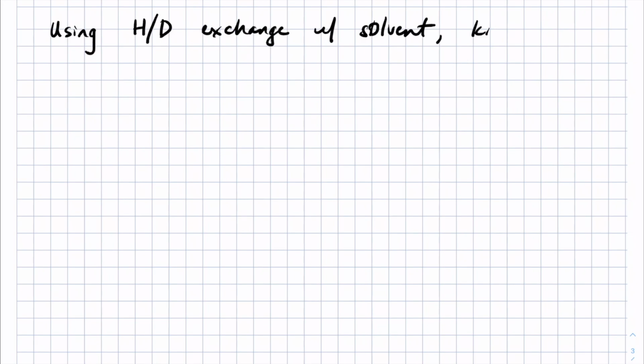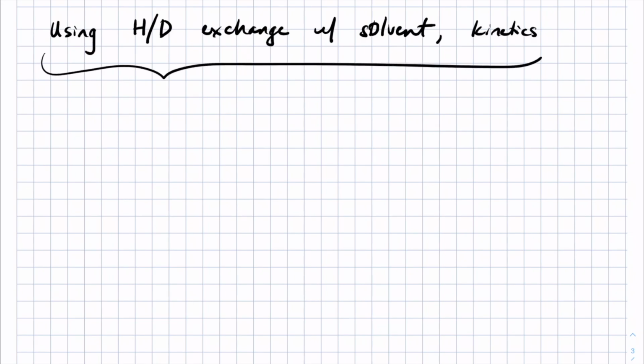So in the remainder of our time today, I want to talk about a method for keeping track of protons in reaction mechanisms. We're going to use something called HD exchange with solvent, and we're going to use kinetics.